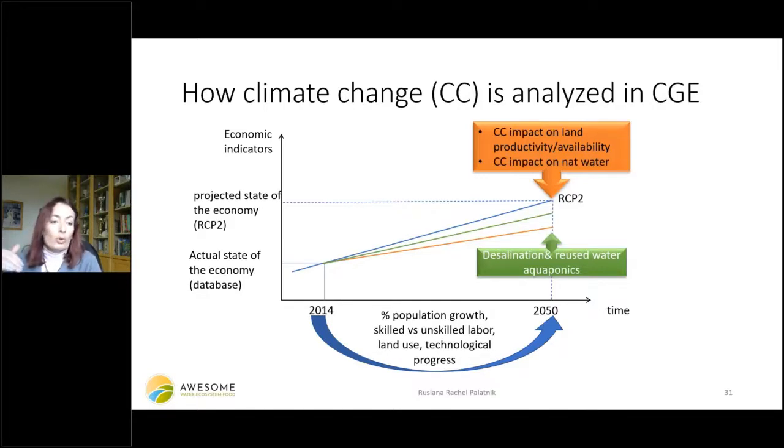Okay, so our role is to quantitatively estimate what would be the role of alternative water sources and also of precise agriculture in adapting to climate change in this sense.